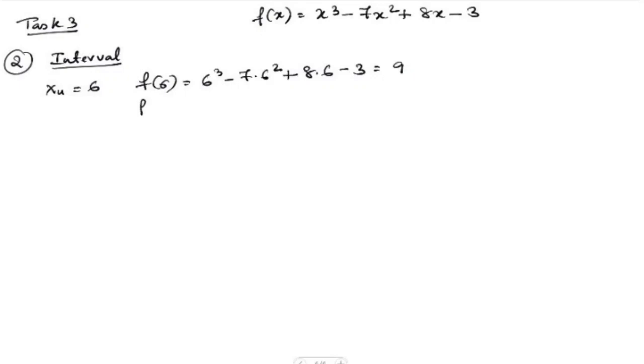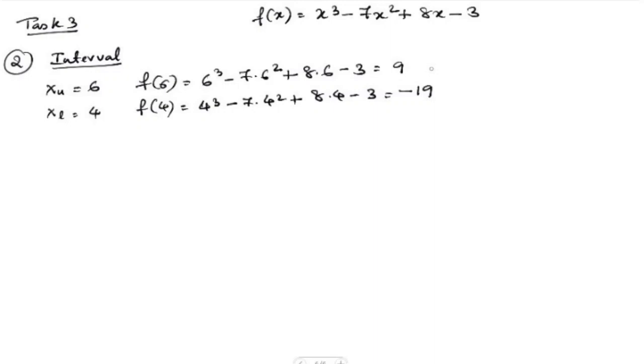Now let's put a value, maybe 4, for x lower. We have the value 4 here, and that will give us 4 cubed minus 7 times 4 squared plus 8 times 4 minus 3, which is minus 19.